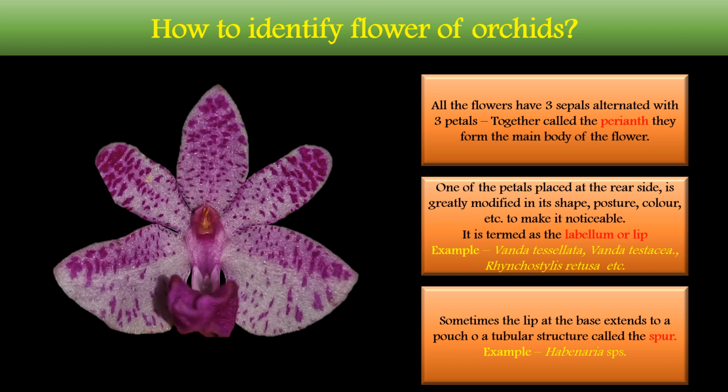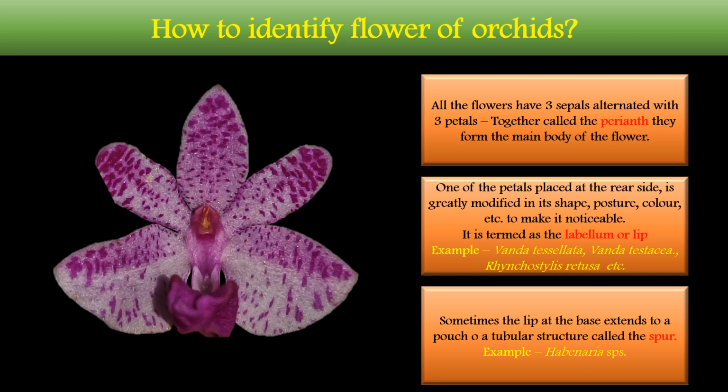Sometimes the lip is so excessively modified that it has a pouch or tubular structure called the spur. The Habenaria species is the most prominent example of this spur modification in orchid species.